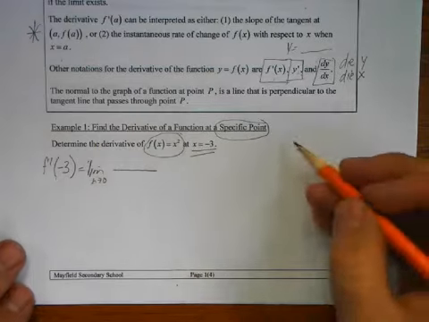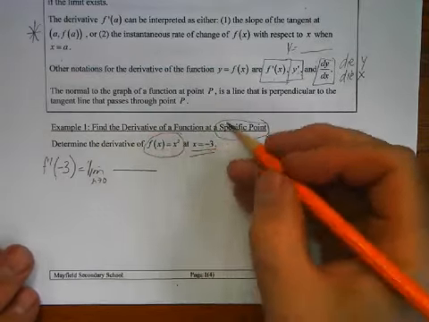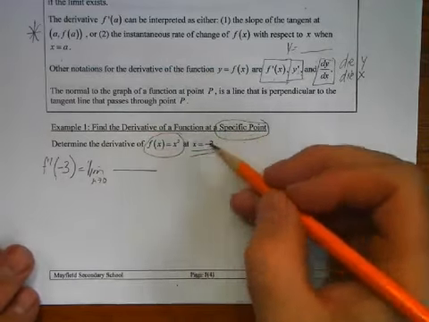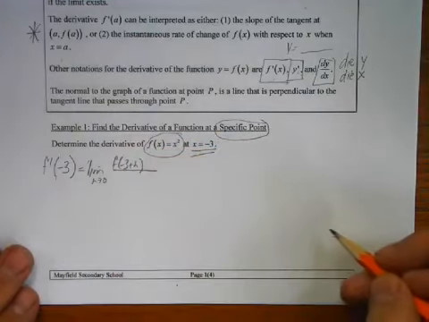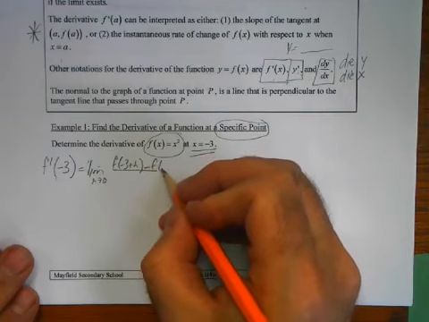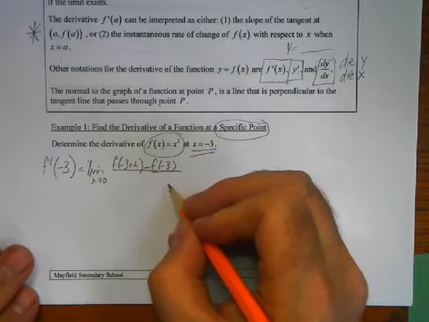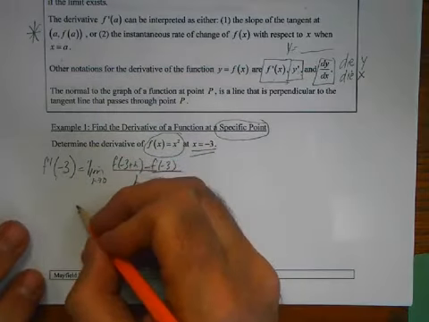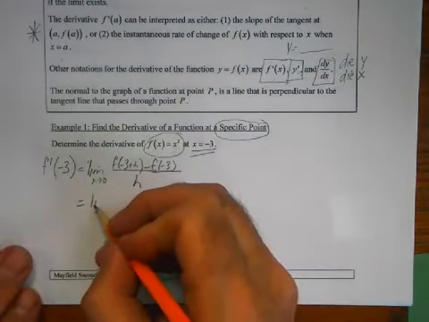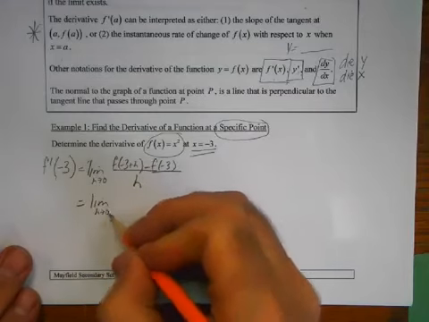And so normally it'd be f of x plus h, but this time we're looking at x being -3. So it's f of -3 plus h minus f of -3, all over h. Okay, now here's where we keep that limit going on the left side there.